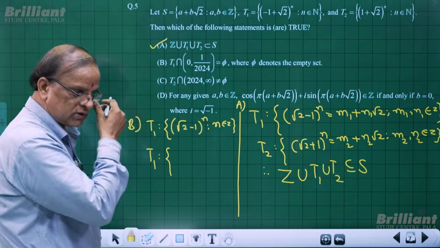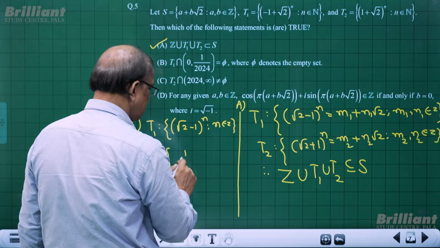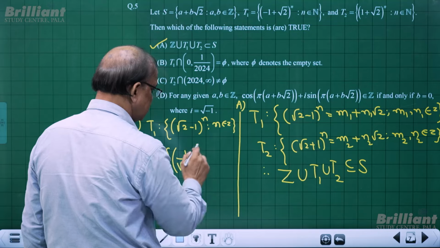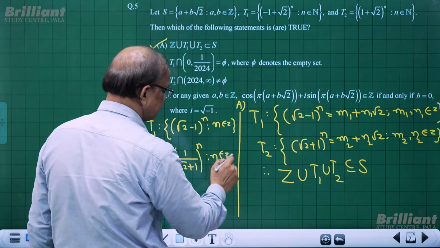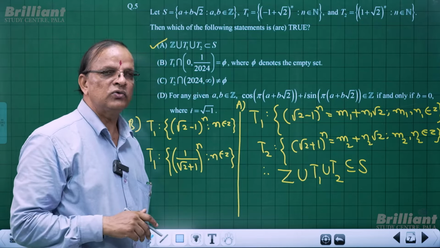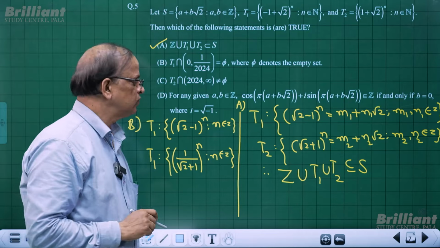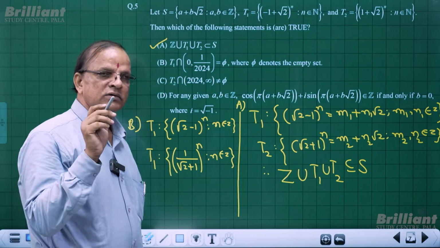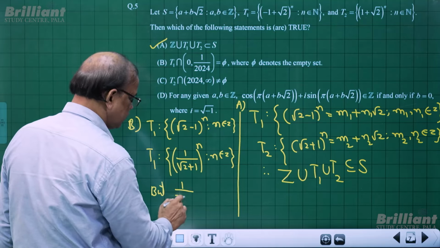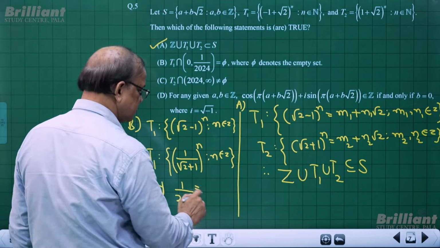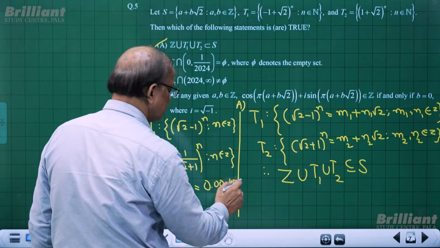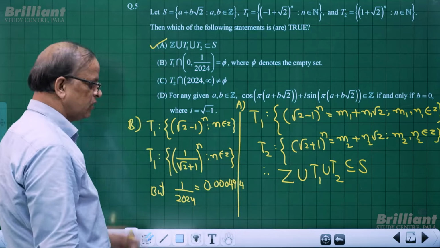If you rationalize this, we get 1/(√2 + 1)^n, n belongs to Z. See, the value of 1/2024 we can calculate by using logarithms, and you will get 0.000 something, like 494.